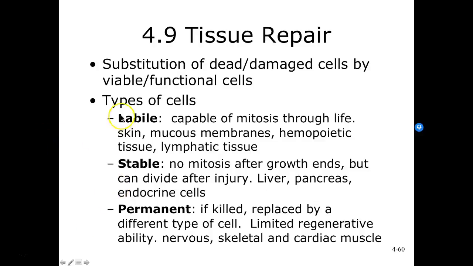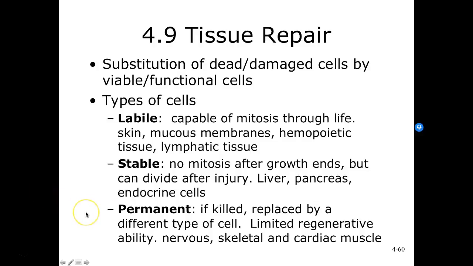We have labile, which are going to be capable of mitosis throughout our life. So this would be in areas of our skin, our mucous membranes, our hemopoietic tissue, or lymphatic tissue. We also have stable, which means there is no mitosis after the growth ends, but they can divide after injury. So this is within our liver, our pancreas, and endocrine cells.